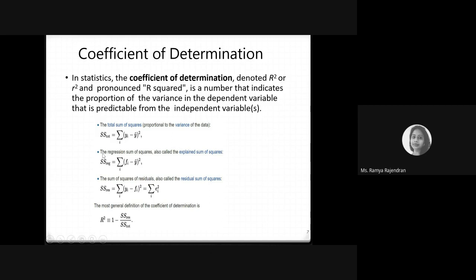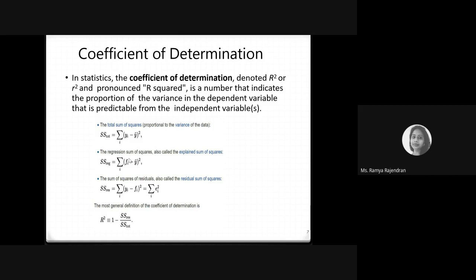The regression sum of squares is the deviation of the predicted value from the mean. Here it is denoted as f, and in a few other textbooks it might be referred to as y cap. You can use any notation.